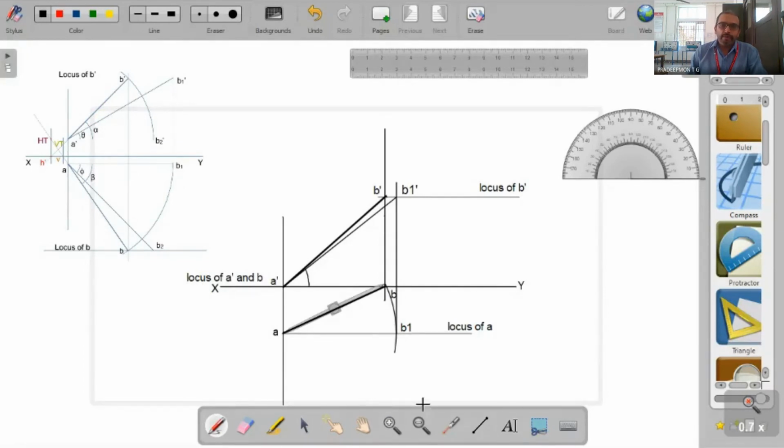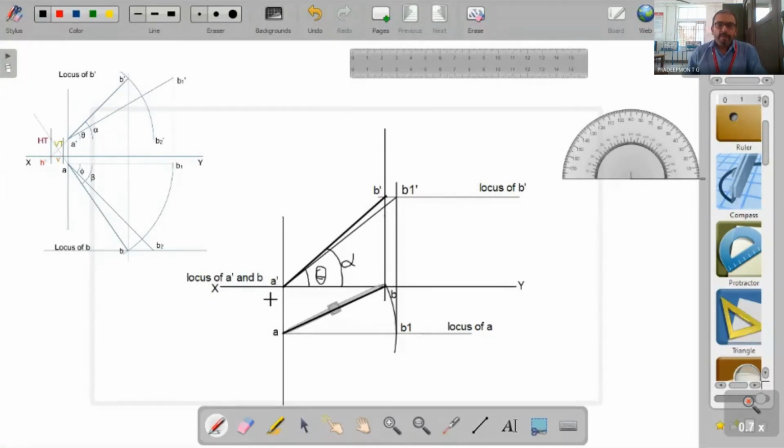So here it is theta, the true inclination in the front view. And this larger angle is alpha, that is the angle which A dash B dash makes with the XY line. And this smaller angle, theta, is the true inclination with the HP.